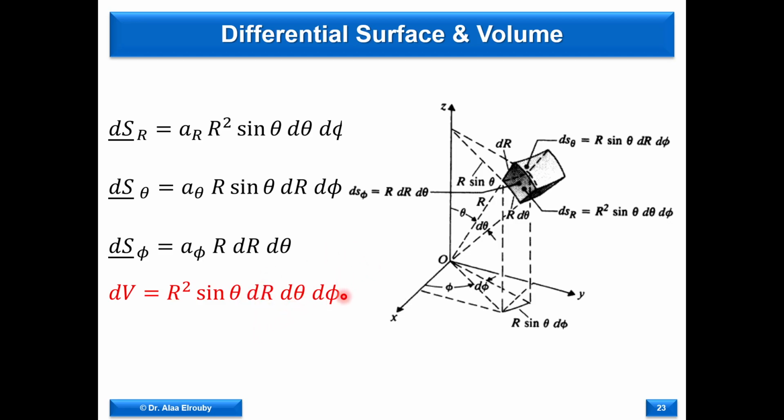Of course, the directions of theta and phi are varying. So the three unit vectors in the spherical coordinate system are of varying direction. Their magnitude is unity because they are unit vectors, but their directions are changing from one point to the other.